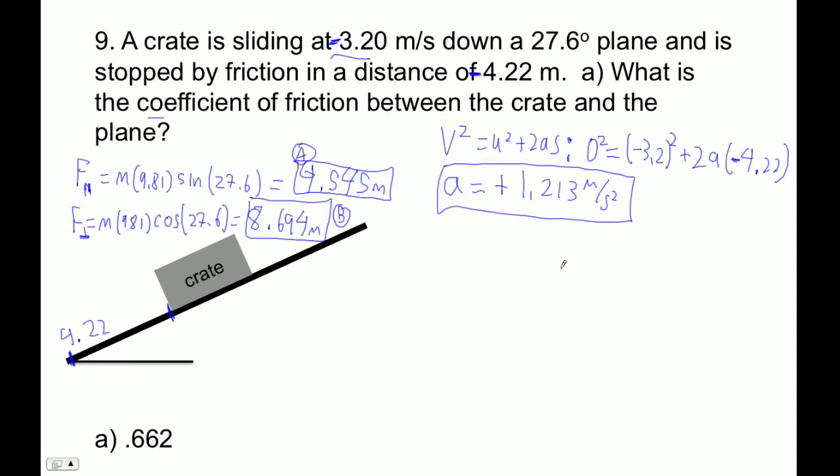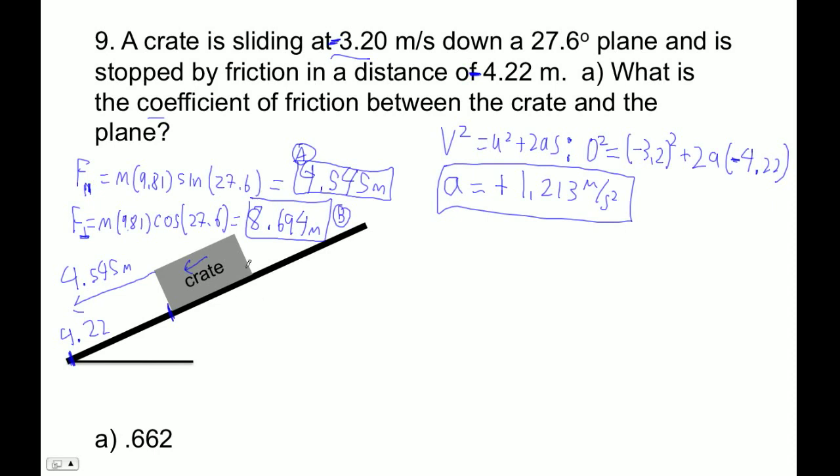Okay, now let's see. I think the next thing to do is use F equals ma and find what that force of friction is, right? So as it slides down the plane, we've got the parallel force, this guy here, acting down the plane. It always does, right? 4.545 m is acting down the plane, right? And then acting up the plane would be the force of friction.